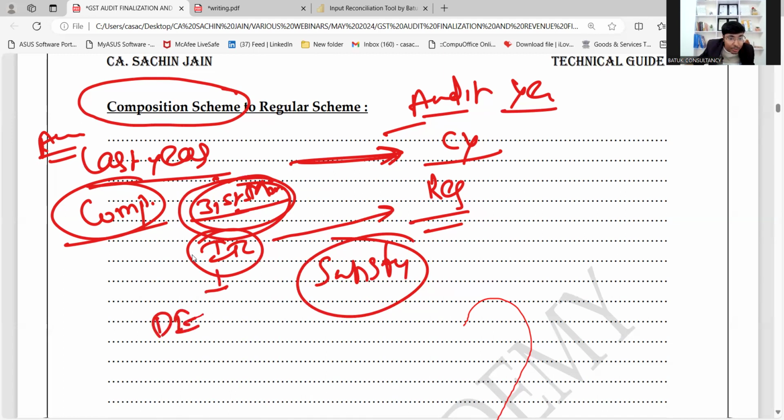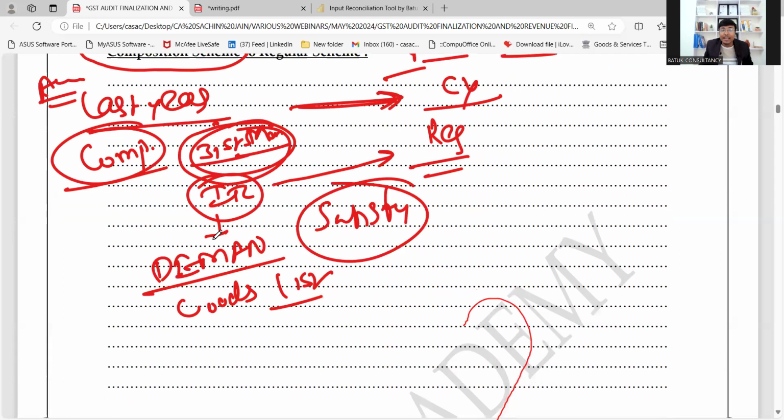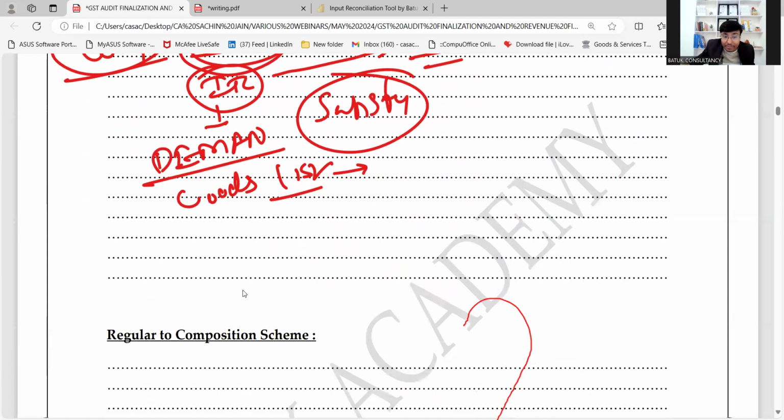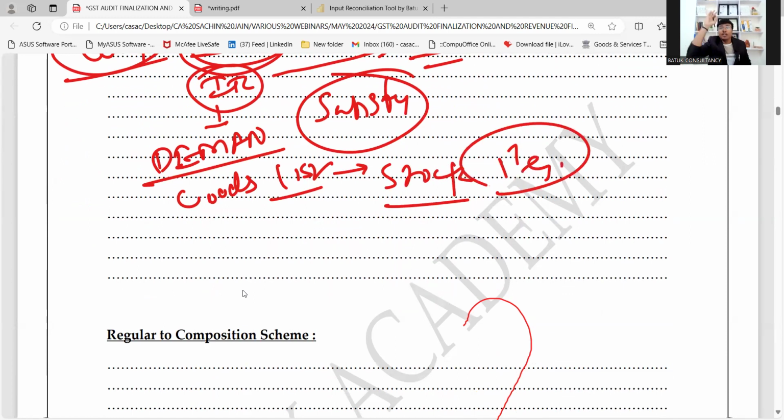You just need to demand the complete list of goods, and cross-verify the same from the stock register, and then satisfy yourself about the input tax credit. Many times what happens is, for this year in which we are auditing, that person is in regular, we check the reconciliation, the time of supply, place of supply, value of supply, and we finalize the audit.